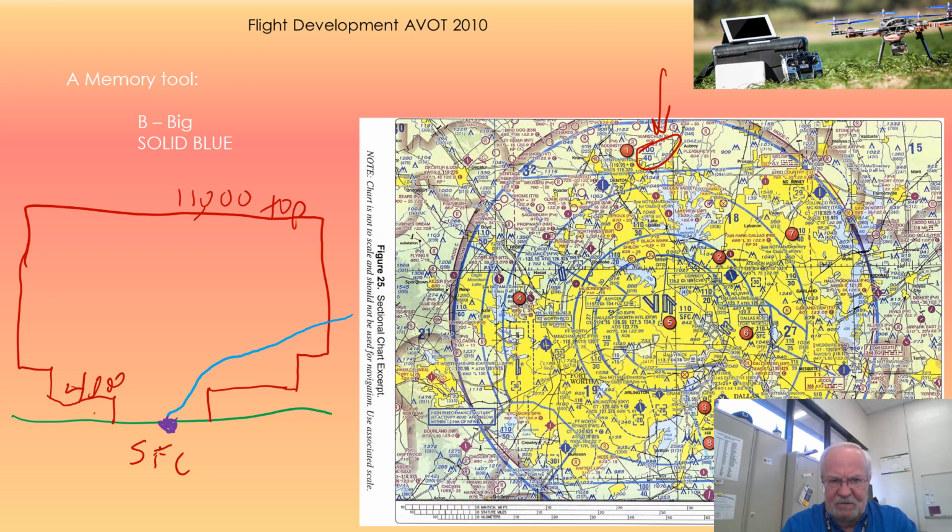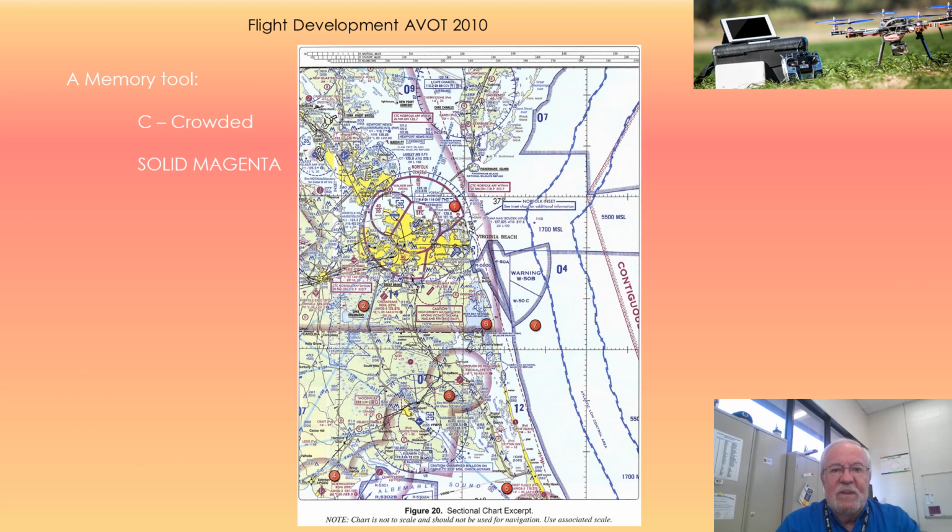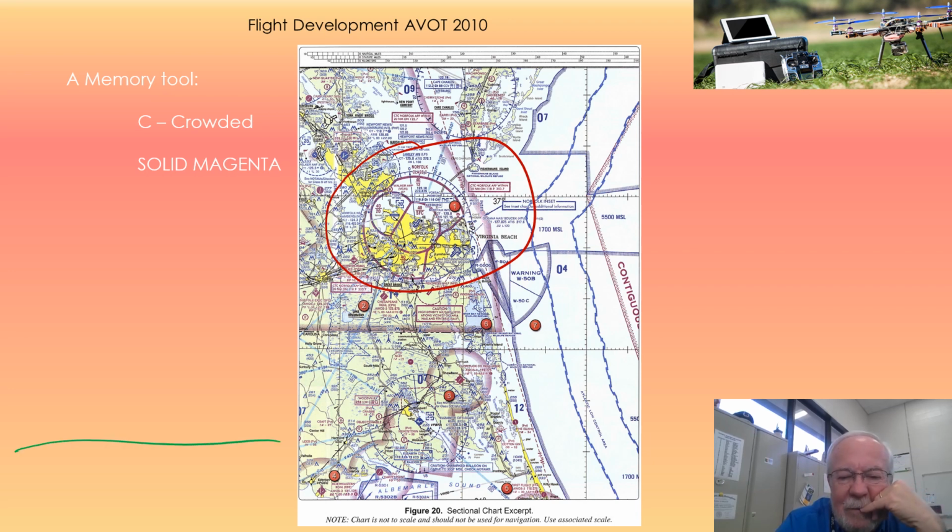Moving right along, that's Class B. Class C is crowded, solid magenta, so we're looking at this area right here. I have to get really close to read what that says. Doesn't matter. Same kind of thing, except it's typically only, let's see, Earth. Let's see if I can't draw better lines.